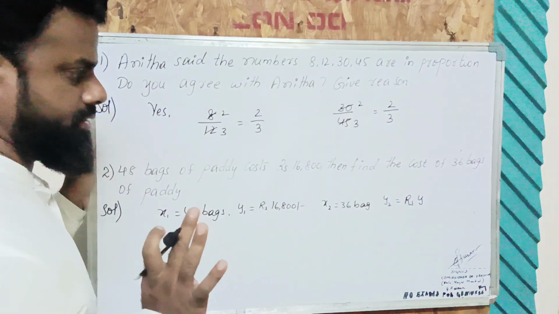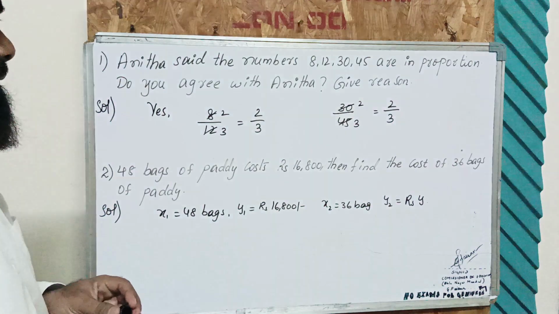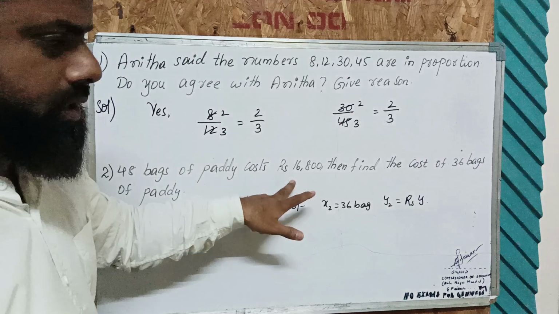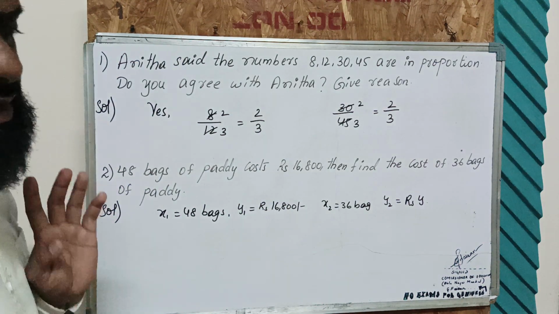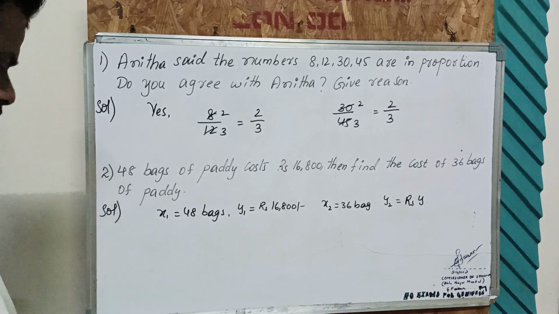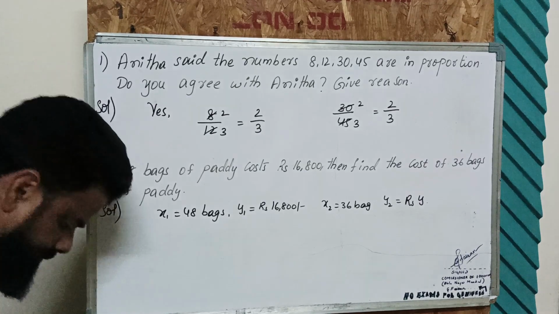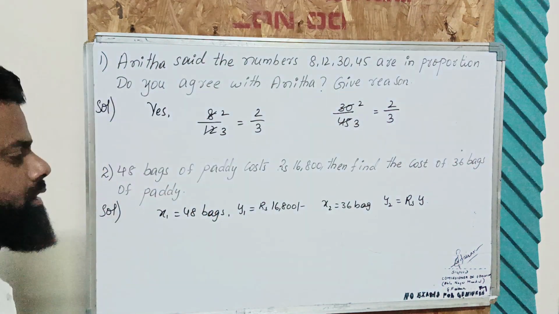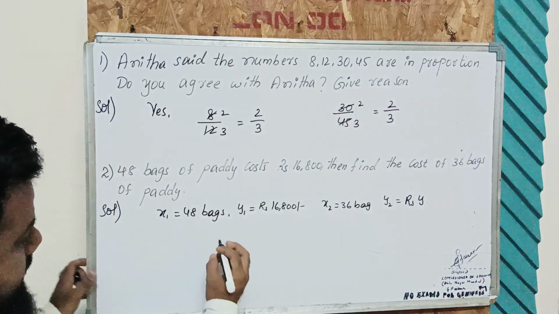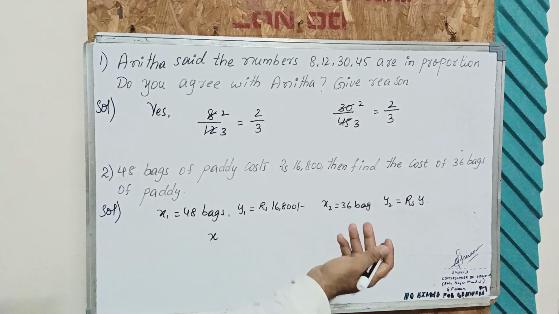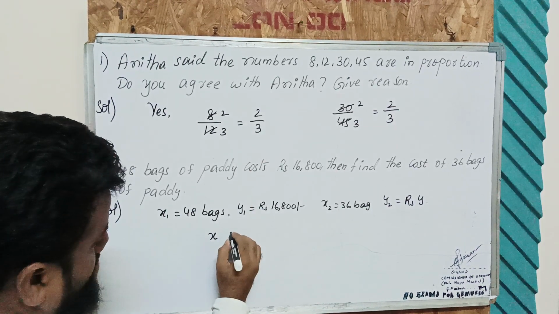Now in this one, it is about number of bags and amount. So they will be in direct proportion. x is directly proportional to y.